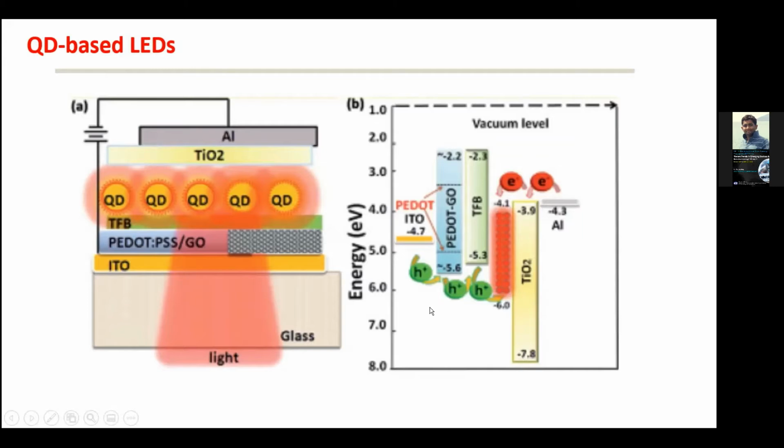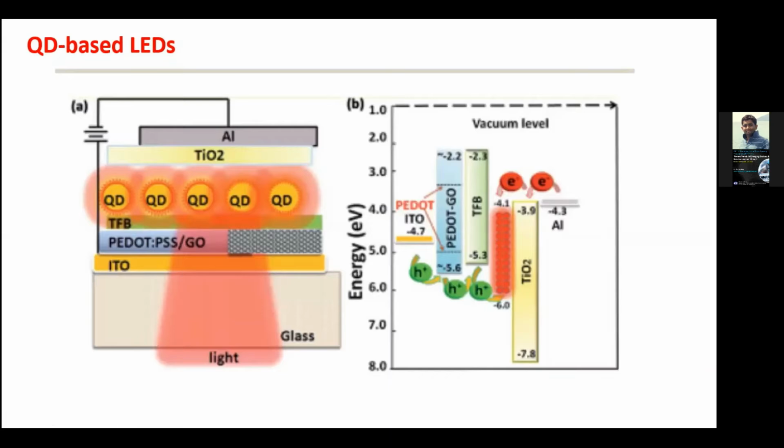So this is how it works, and you can see the band structure of these films. When you apply the bias, you can see the hole moving through this and coming to the valence band, and the electron comes to these contacts, and when they recombine, you will see the emission of light.